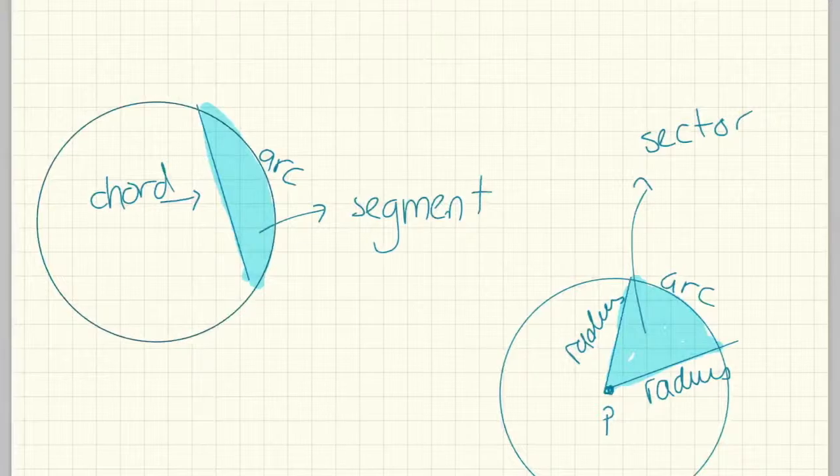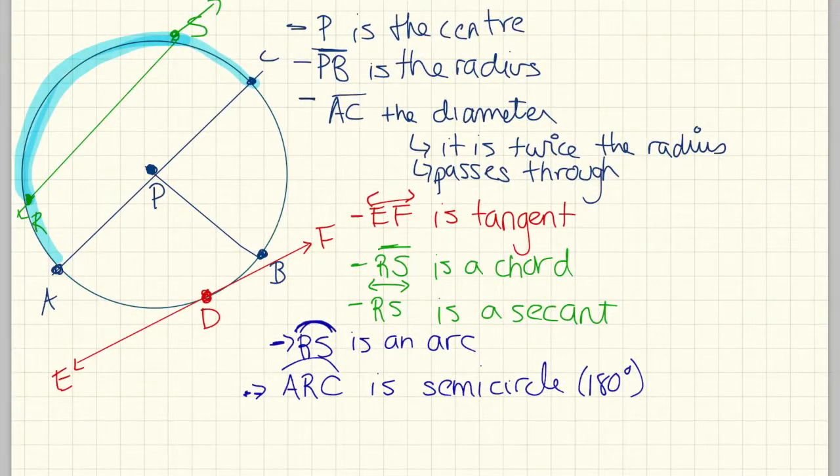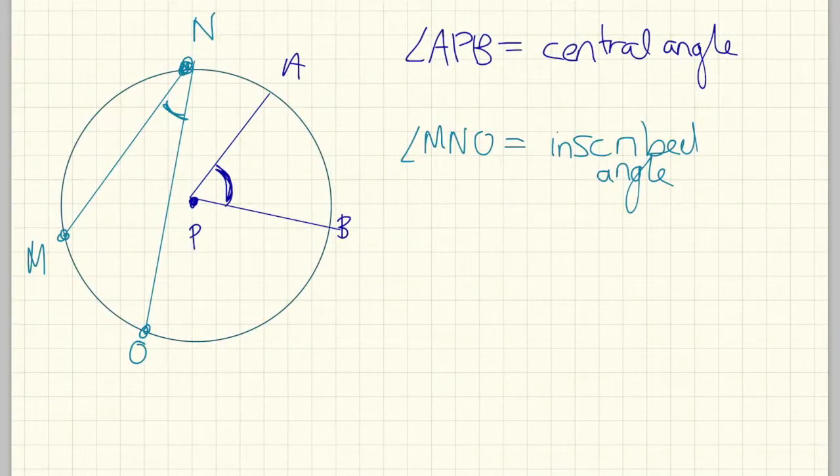And so just to recap, in this video you have learned all of the very major parts of a circle: the center, the radius, the diameter, the tangent, the chord, the secant, what an arc is, and what a semicircle is. We then talked about what a central angle is, where the vertex is at the center, versus an inscribed angle whose vertex is actually touching the edge of a circle.